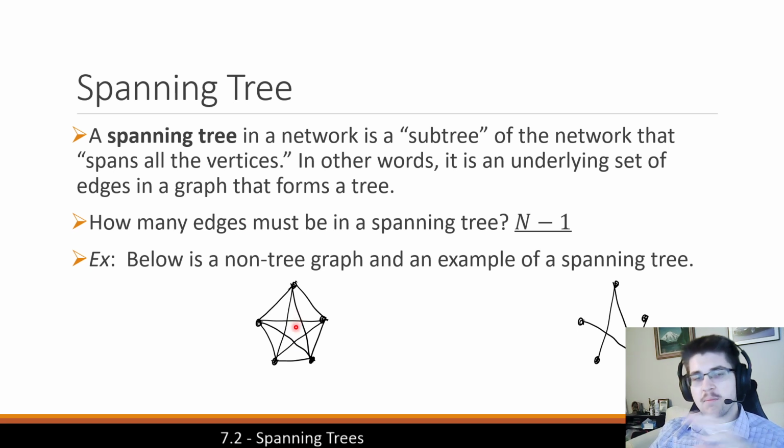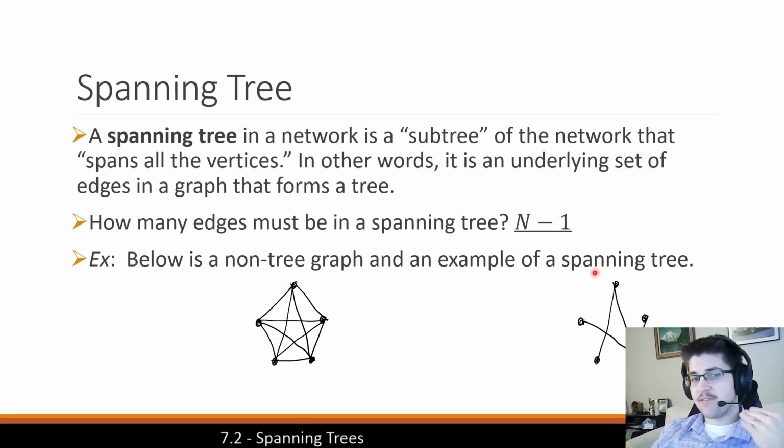But aside from that, there is a way to use some of the edges that are present in the graph to form what we call a spanning tree. Basically, an underlying tree in the graph where we're using some of the edges that it has to manufacture a tree. So again, this has 5 vertices.